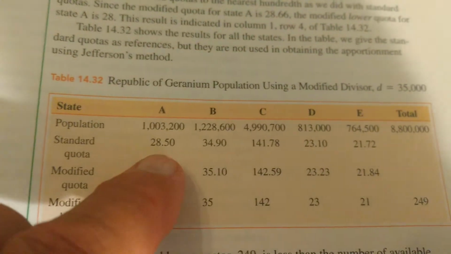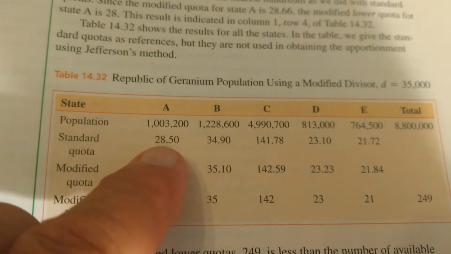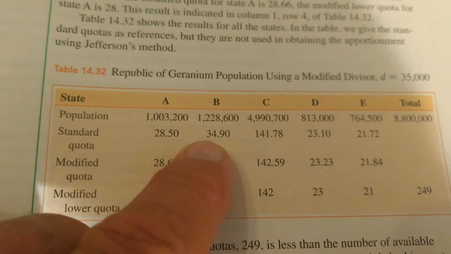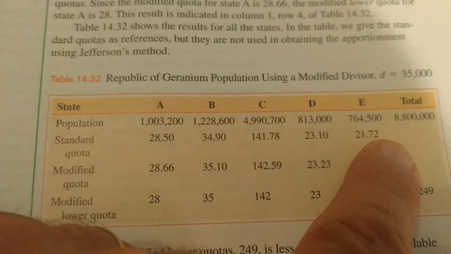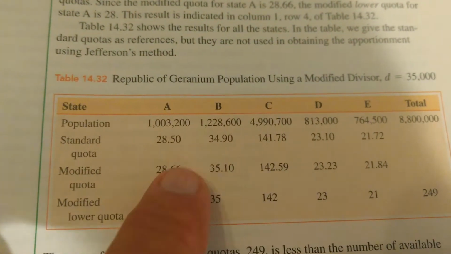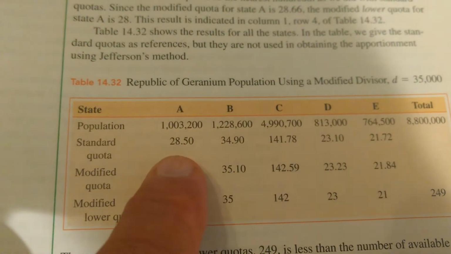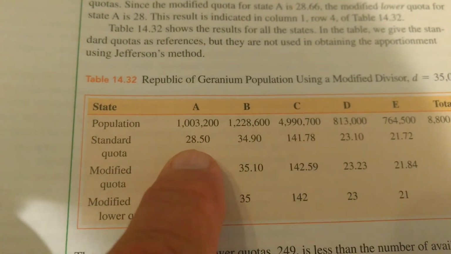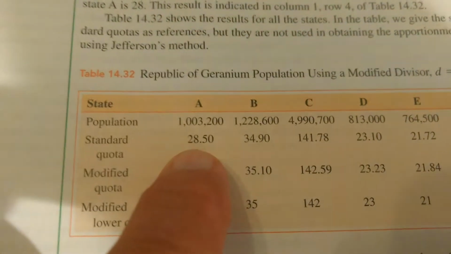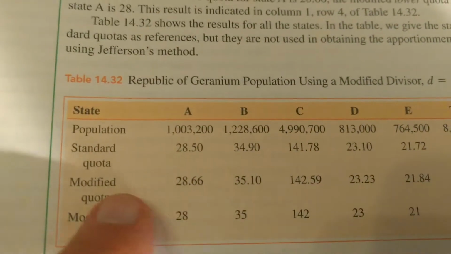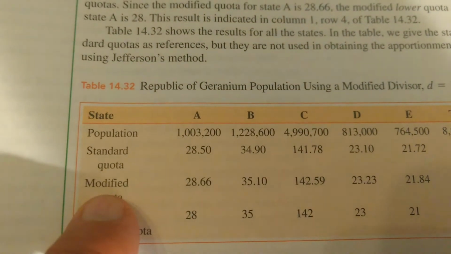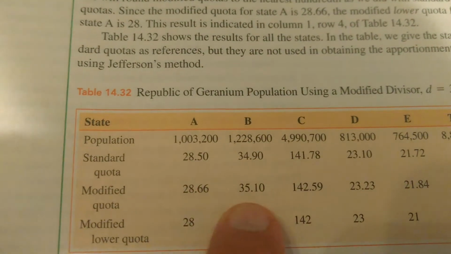What's happened here on this chart is we've taken every one of these populations and divided by 35,000. And this is what we've gotten as a standard quota. If we take these, this is what we'd get if we divided by 35,200, by the standard divisor. But if we divide by 35,000, we now get these numbers here.